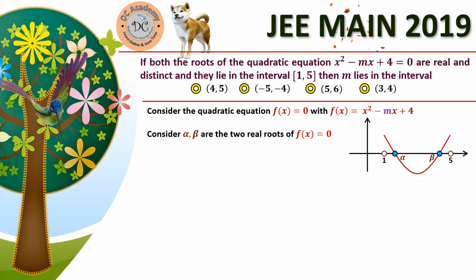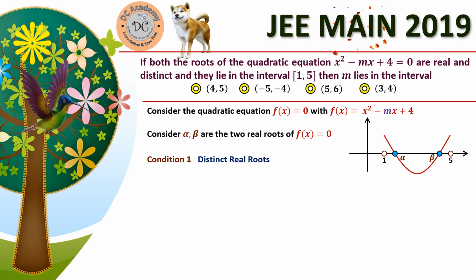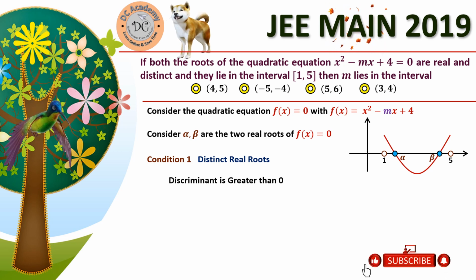First, let's consider condition 1, so that alpha and beta lie inside the interval 1 and 5. It is given that alpha and beta are real and distinct roots. Whenever an equation has distinct real roots, the discriminant must be greater than 0. The discriminant is b square minus 4ac. Here b is minus m, c is 4, a is 1.